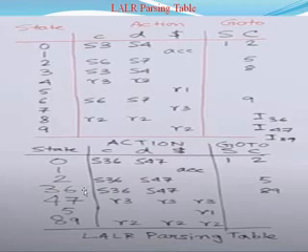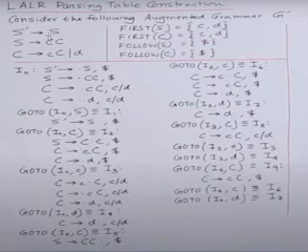Next, in S36, the grammar moved on C and moved on D. From 47, our grammar has three statements. What are the statements? S tends to CC, C tends to CC, C tends to D. S tends to CC is statement number 1, C tends to CC is statement number 2, C tends to D is statement number 3.